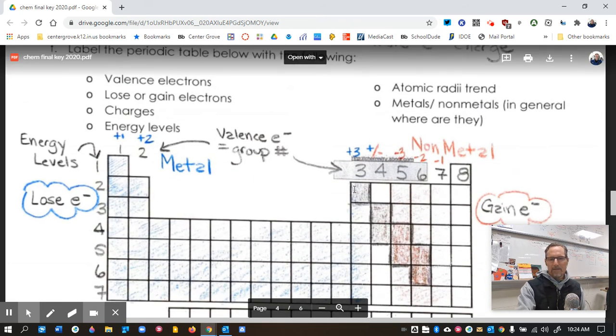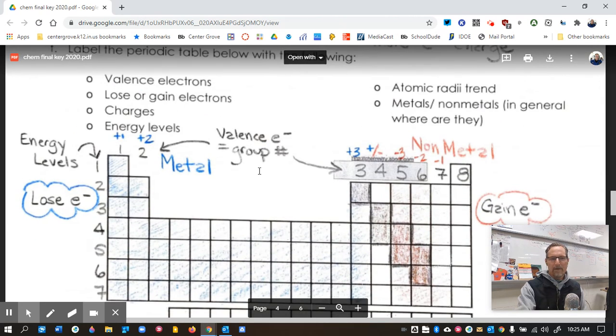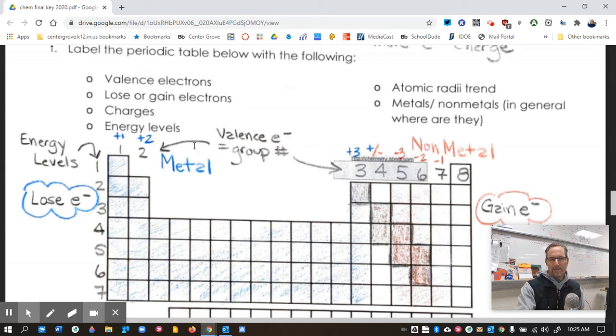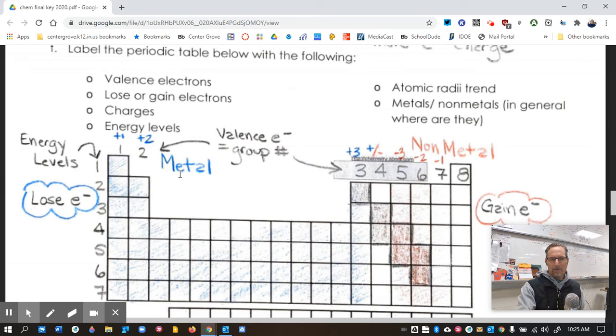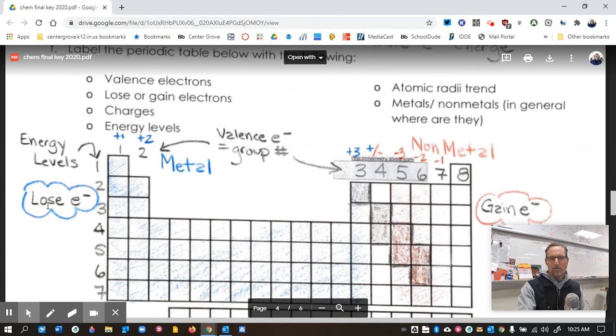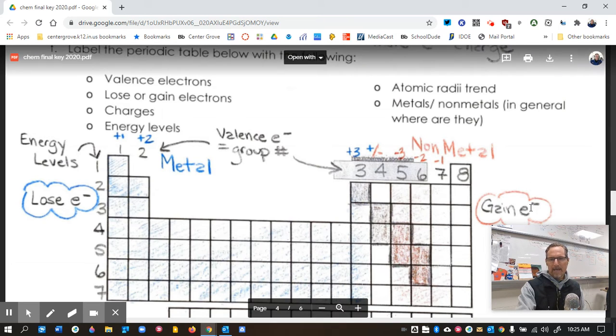On this periodic table, I wanted you to label the following things. I have my valence electrons, which are the same as the group number. I have my metals over here who want to lose electrons, and when they lose electrons, they form positive charges: +1, +2, +3. My non-metals over here want to gain.